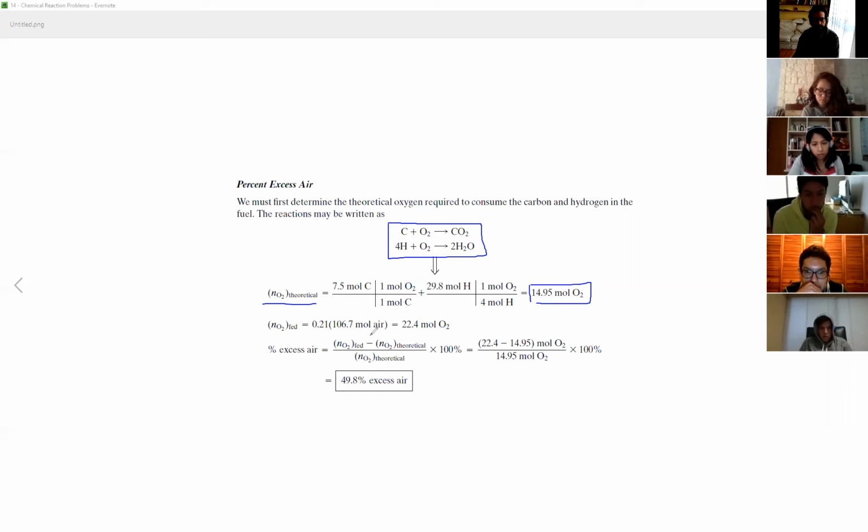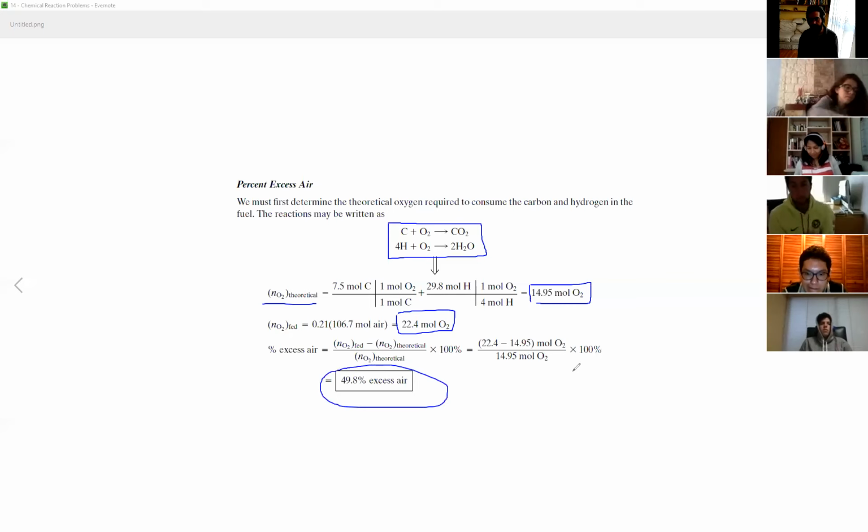And we know, because we did the balance, that the oxygen that we fed to the system in the inlet is 22.4 moles of oxygen, right? And then we only apply the percentage of excess equation, that is the number of moles fed minus the number of moles of theoretical oxygen divided by the number of moles of theoretical oxygen. We plug in the data, and we find that we have 49.8% of excess air.